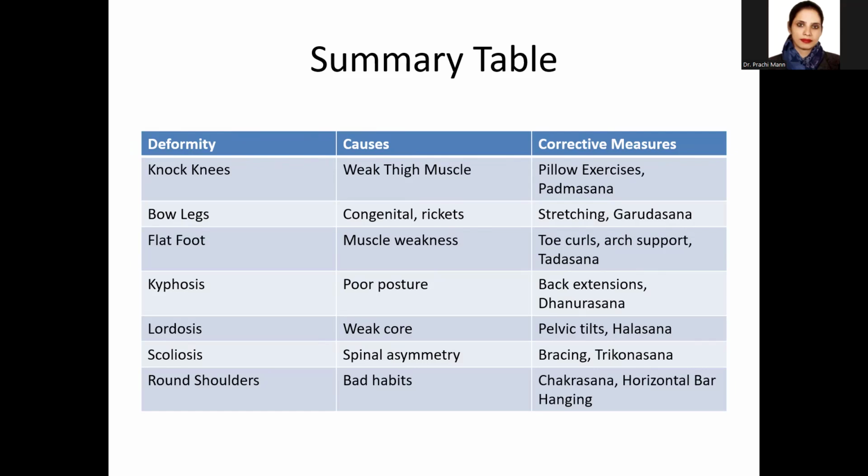Scoliosis. The causes of scoliosis are spinal asymmetry, and the corrective measures are bracing and performing trikonasana, hanging on a bar. Round shoulders are because of bad posture or bad habits. Then corrective measures are hanging on a horizontal bar, performing chakrasana, dhanurasana, and there are so many.